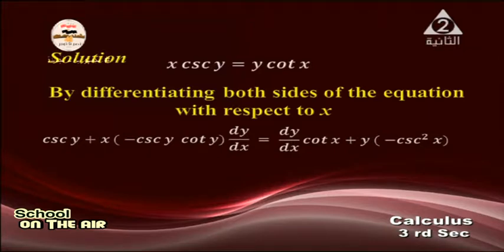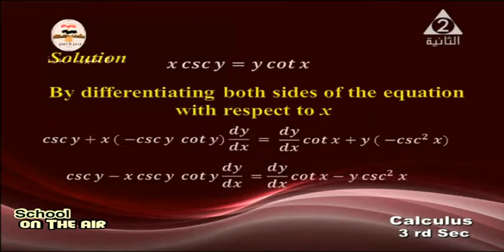Then we can write the left hand side, cosec y minus x cosec y cotan y dy/dx, equals the right hand side, dy/dx cotan x minus y cosec²x.